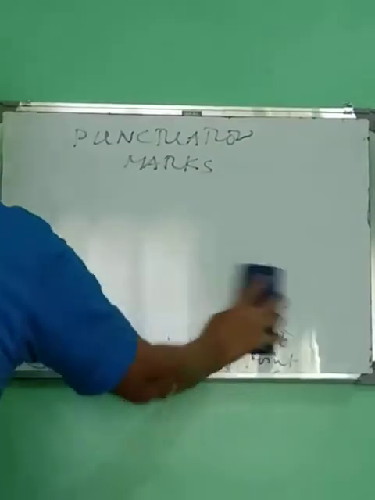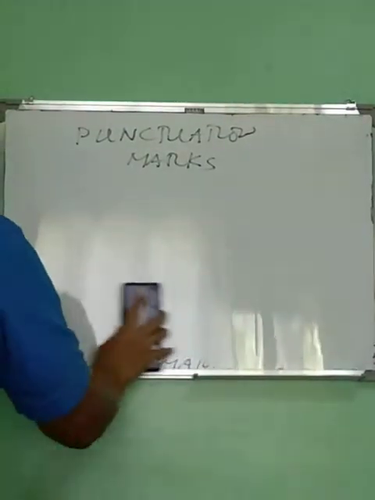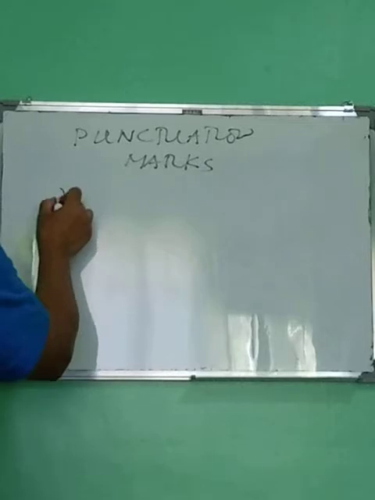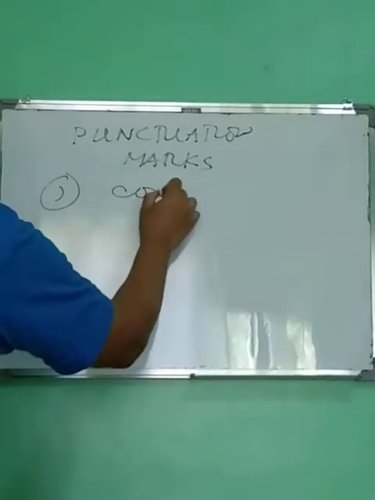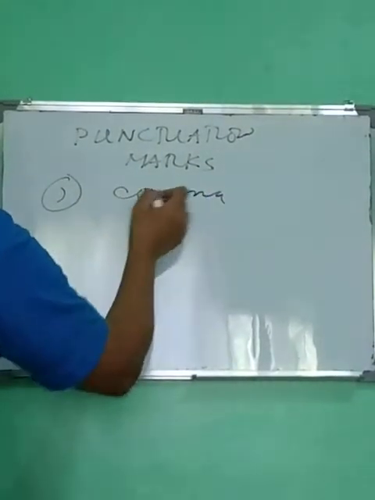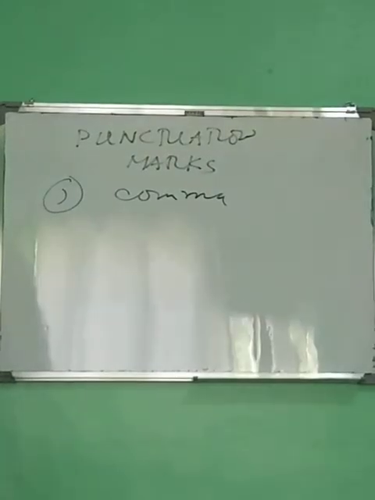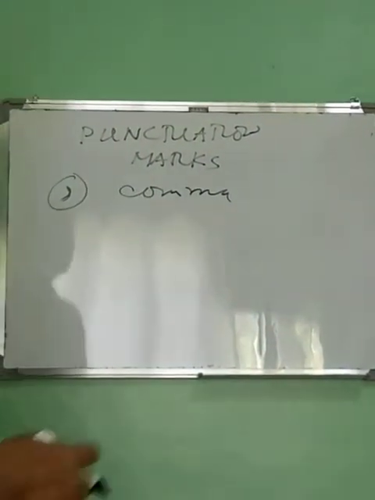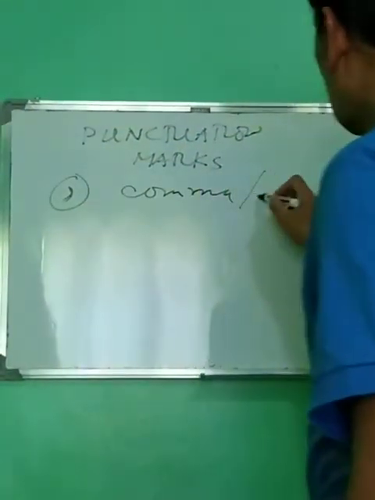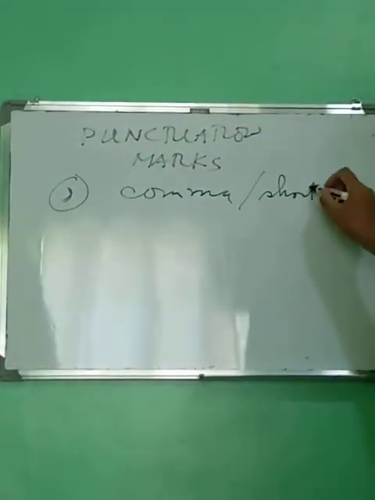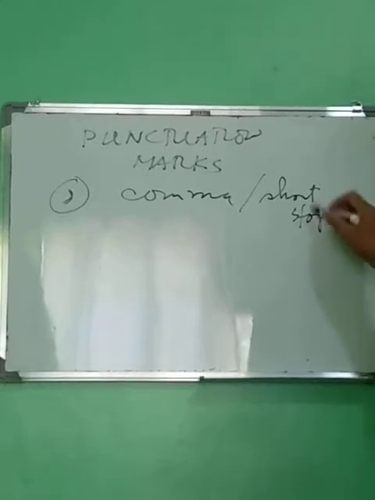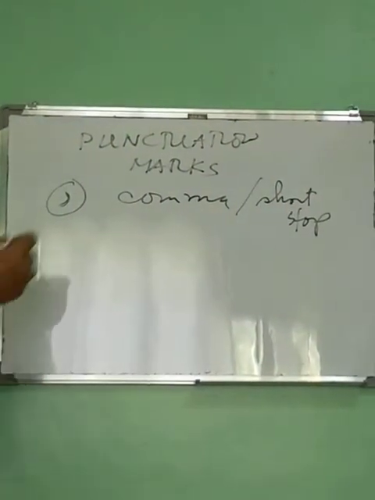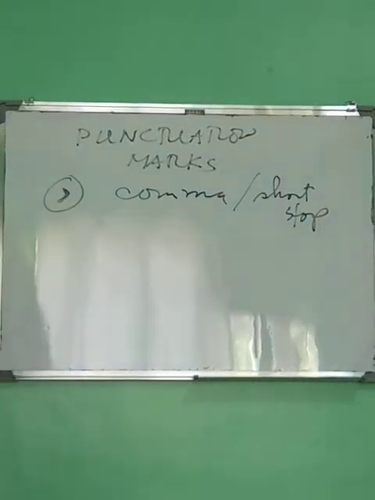Then the other punctuation marks that are commonly used would be the comma. How do you spell the comma? Of course, it's C-O-M-M-A, comma. You always use this whenever you want to have a short stop, or when there are items in between that you are mentioning, so you put a comma.